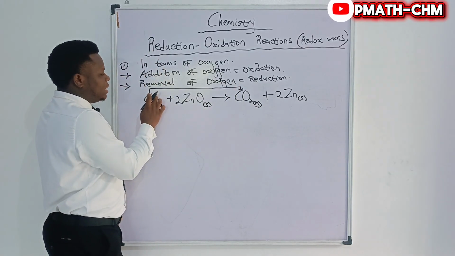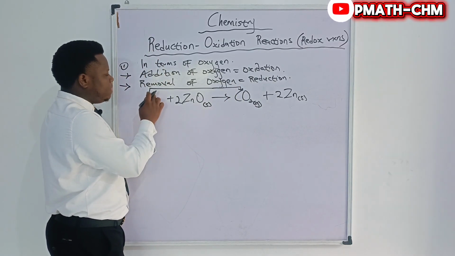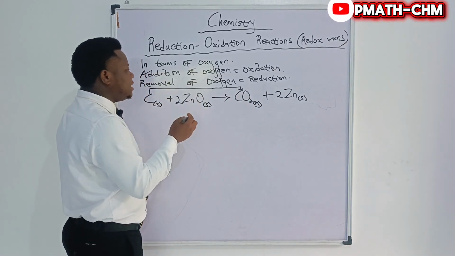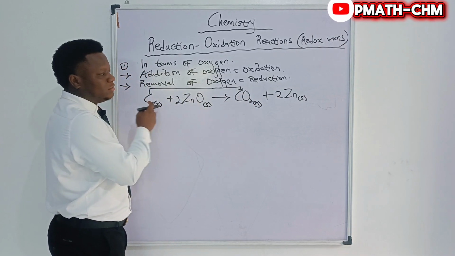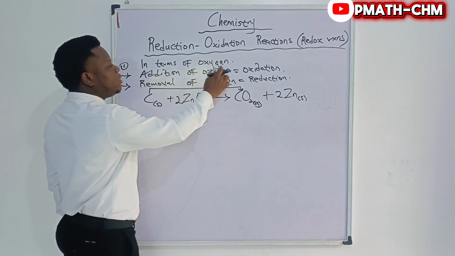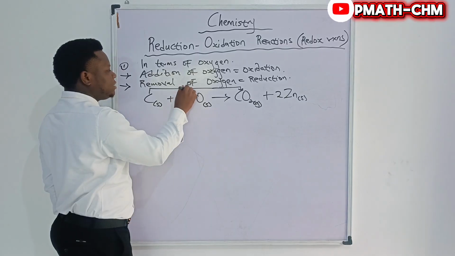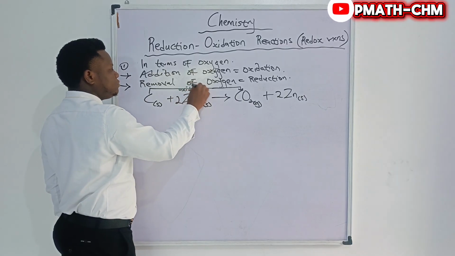What do you notice on the reactant side? Carbon is alone on its own. But what do you notice here? Oxygen is now with carbon. So we can now say that oxygen has been added to carbon. And we know addition of oxygen is known as what? Oxidation. So this process now, we call it oxidation.